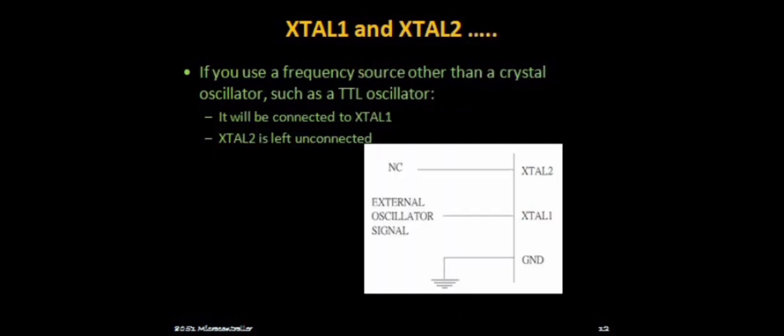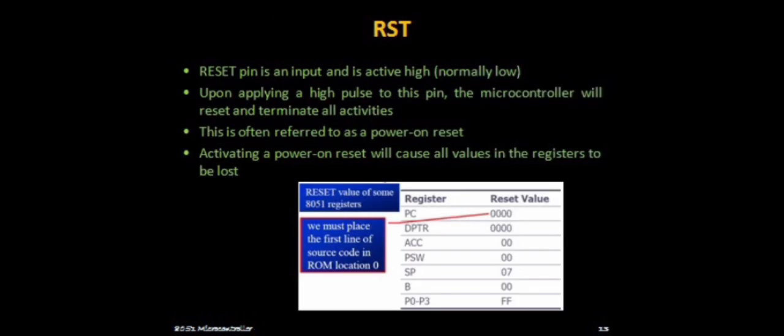XTAL1, XTAL2. If you use an external frequency source, such as a TTL oscillator, it is connected to XTAL1 and XTAL2 is left unconnected. RST, the reset pin, is an input and active high, normally low.